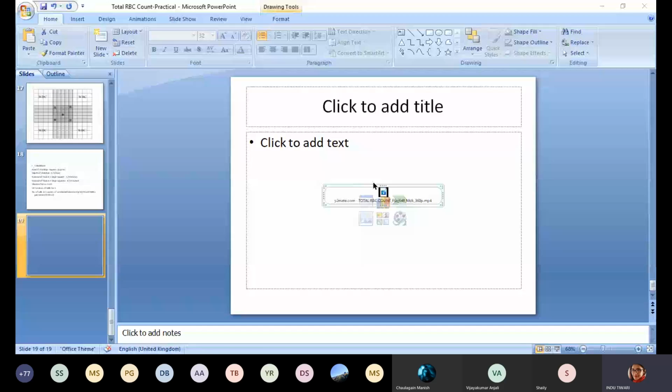Can you see it in the physiology Teams? Yes, ma'am. So open it and view it. Have you all found it?